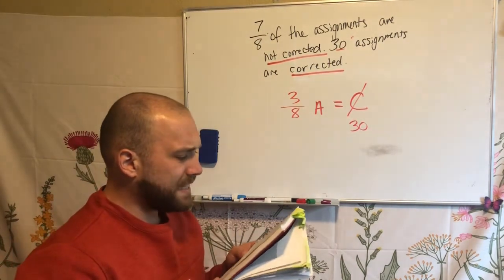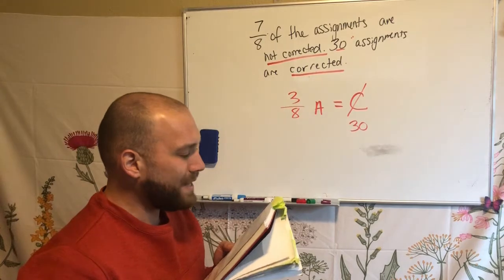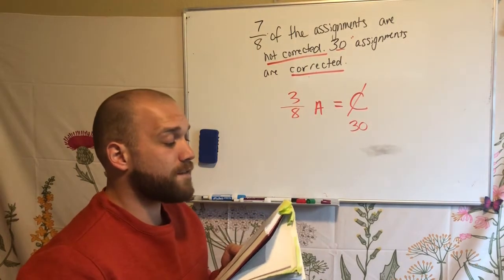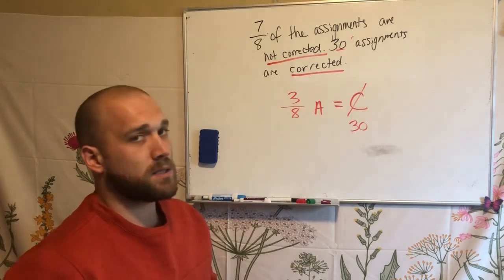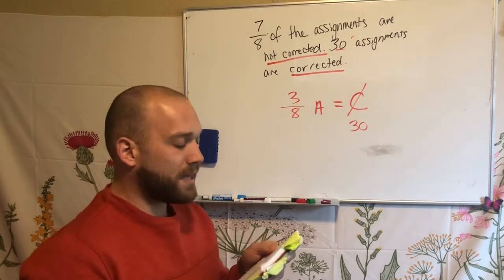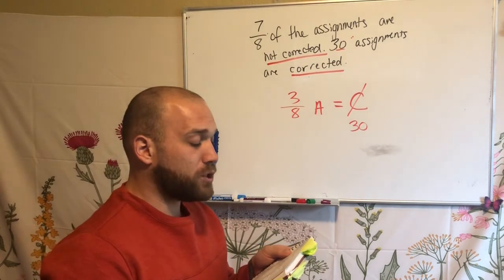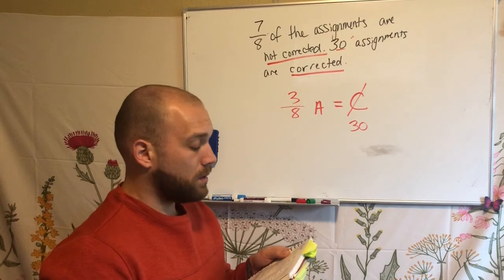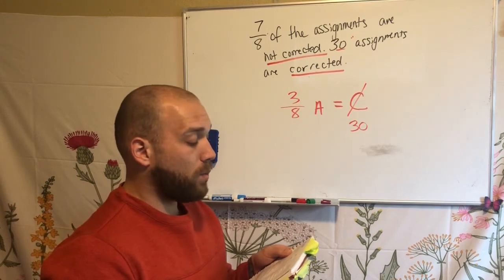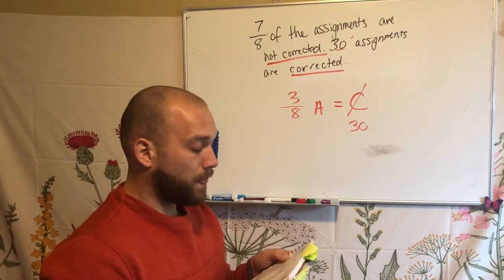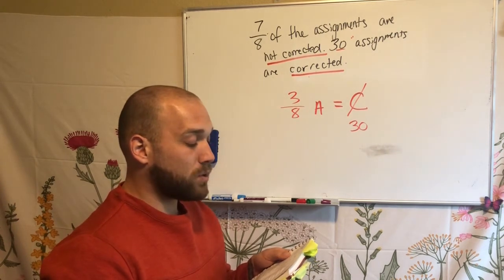So, problem C. 1/9 of the horses are male. 72 of the horses are female. So without writing this on the board, I'm going to explain it to you. So right now it says 1/9 of the horses are male, 72 horses are female. So we're going to be writing an equation for the number that we know, which is female horses, because there's 72. Right now we have 1/9 of the horses are male.